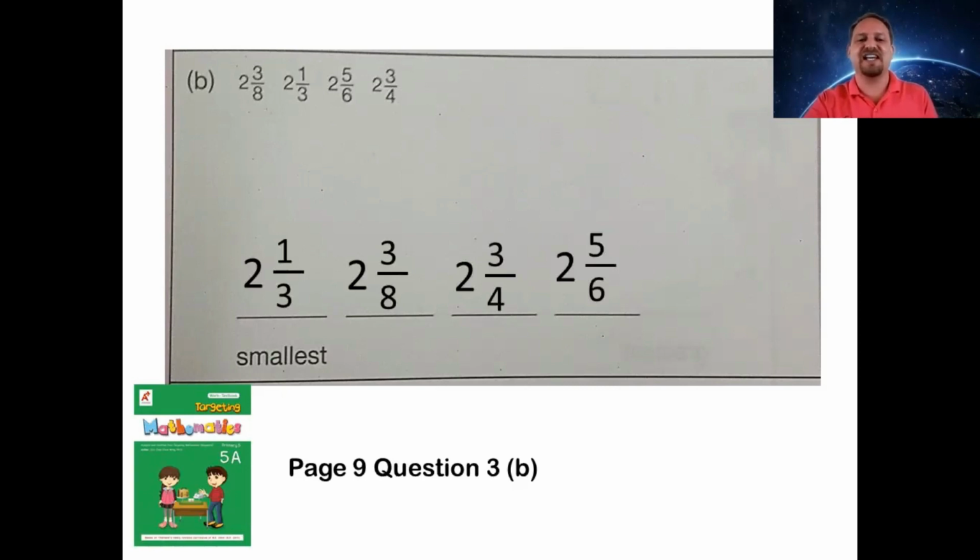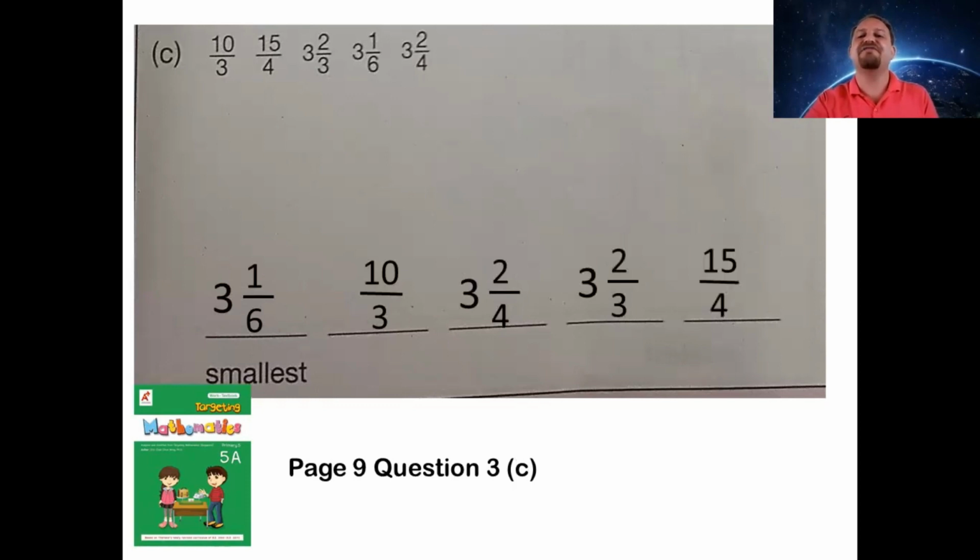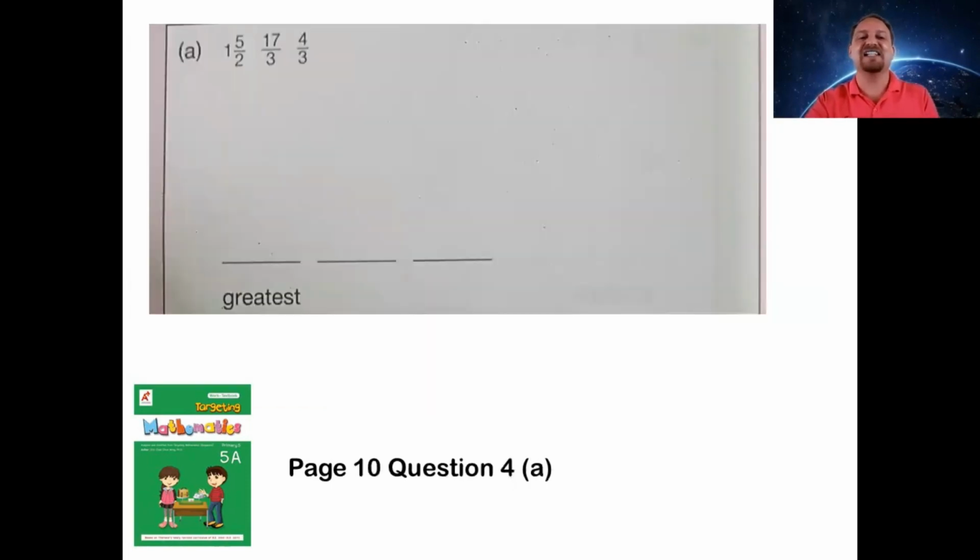Question C. Our smallest was 3 and 1 over 6, followed by 10 over 3, 3 and 2 over 4, 3 and 2 over 3, and 15 over 4. Now let's go to page 10. It's the opposite. We need the greatest fraction first.